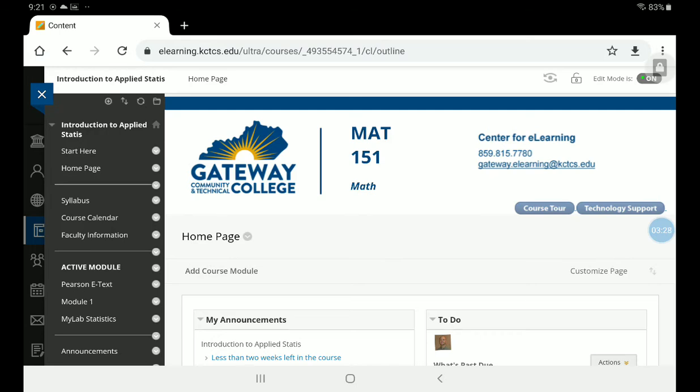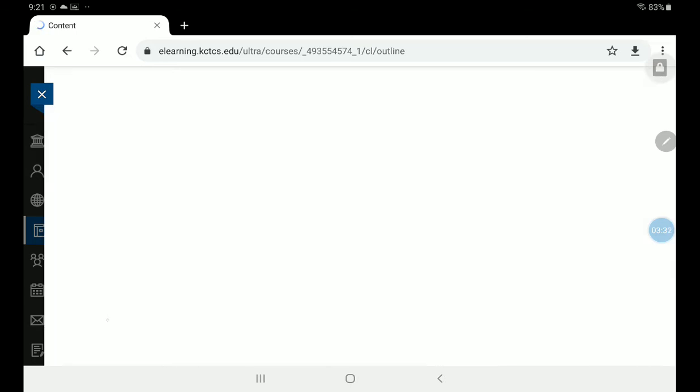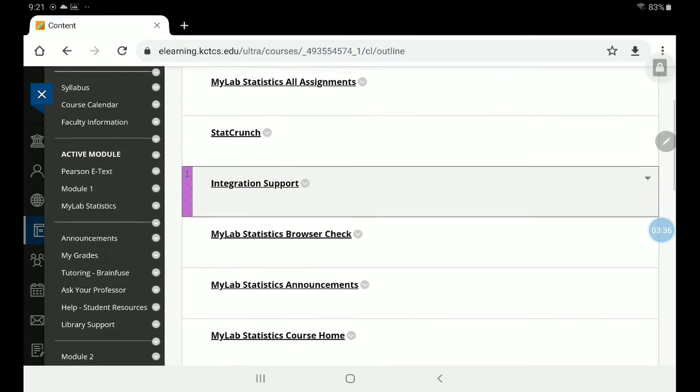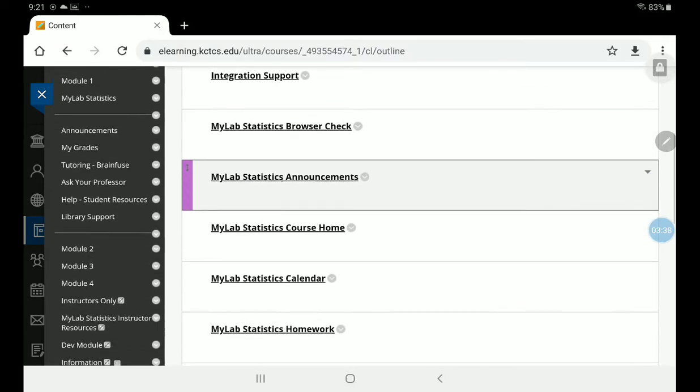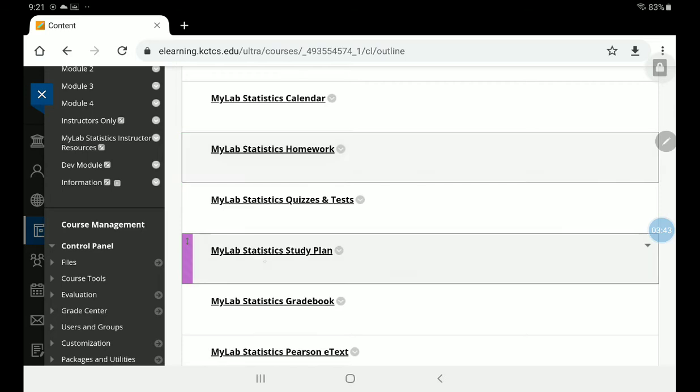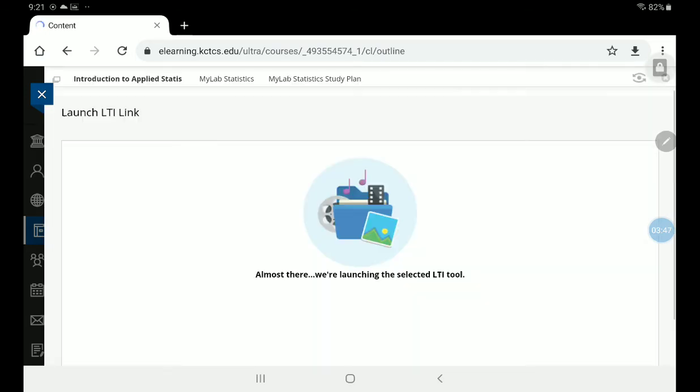On the left hand side here on the ribbon, you can see MyLab Statistics. You go to MyLab Statistics, and what I'm looking for is the study plan. If you scroll down a little bit, there should be something called study plan in here. There's the homework, the quizzes, the test. That's what I'm looking for right there, the study plan. I'll go ahead and click that.